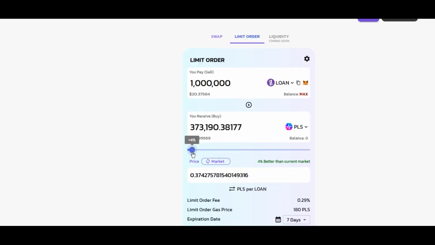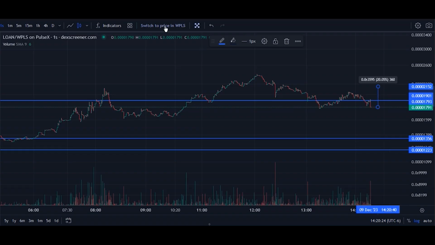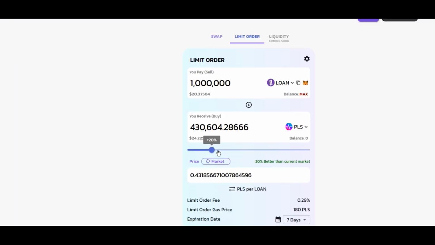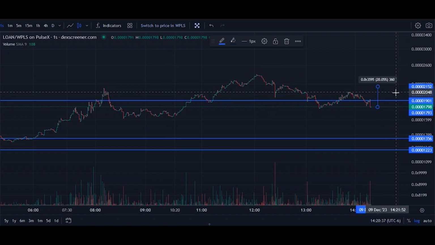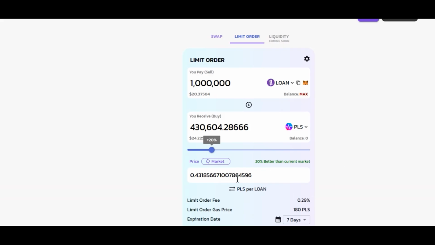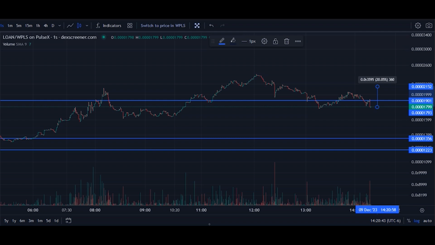Well, I'll come here, set it to 20%, about the same, okay? And I will sell those tokens and I will receive, in this case, for $20 worth of LOAN token, $24 worth of Pulse, which is a 20% increase. And that's that ratio I can look up. I can switch the ratio and check it, okay? But that's it right there.